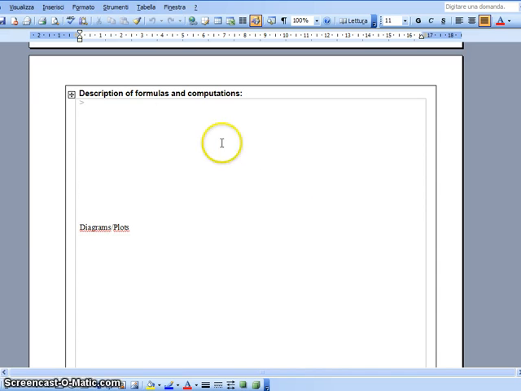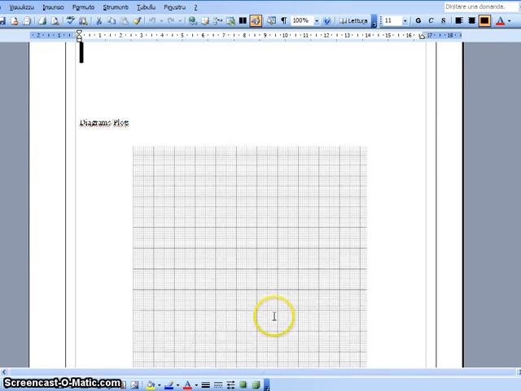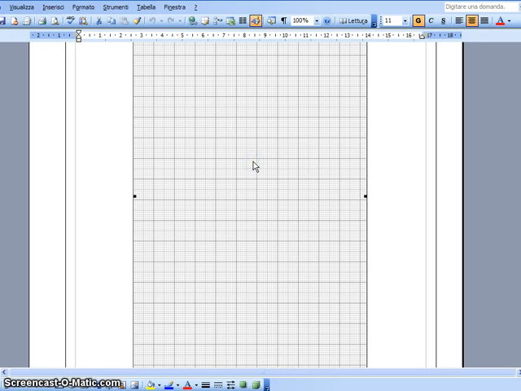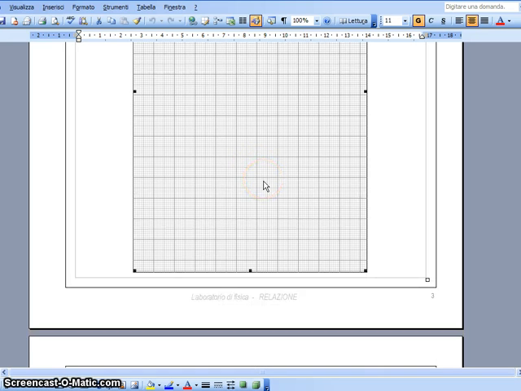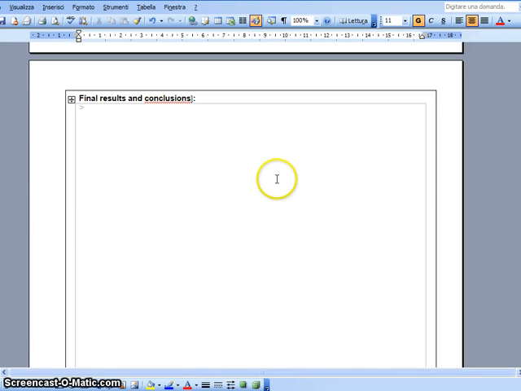You have to describe the formulas in this part, the formulas used to compute all these quantities, especially mechanical energy, and you don't need to report a graph, so you can delete this part.